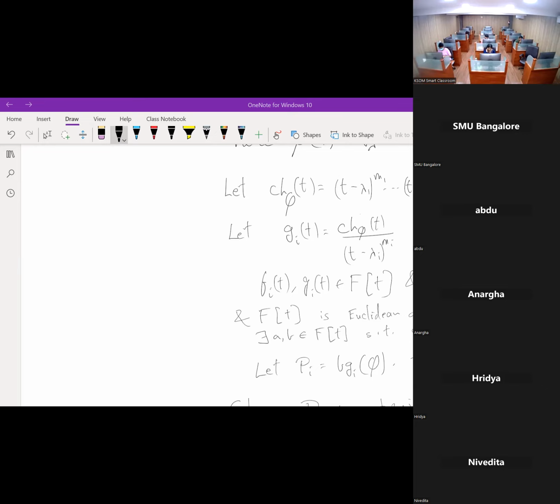So we saw this remainder theorem or division algorithm. You can divide by something and you'll get a remainder. Then with the remainder as your divisor and the previous divisor as your dividend, you again carry out the division algorithm, and so on.